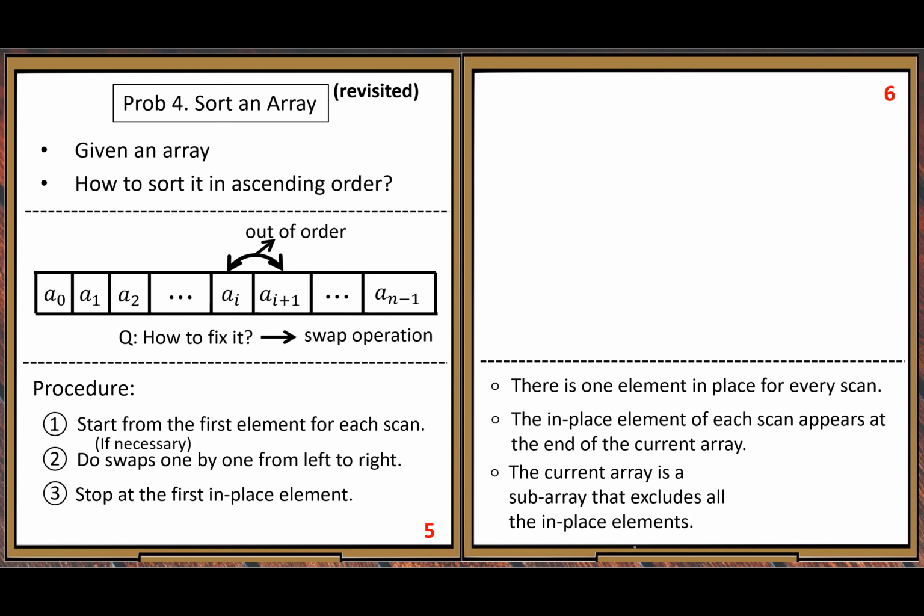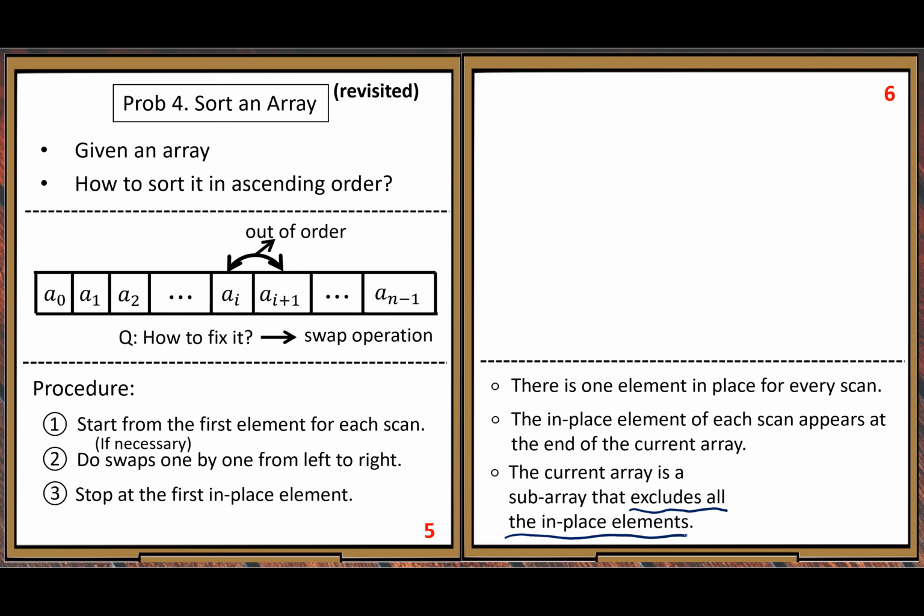It is the subarray of the original array that excludes all the in-place elements. We do not want to touch them, so we only consider the current array. Then your scan on the current array will put the maximum of the current array at the end of the current array. That is the behavior of this method.